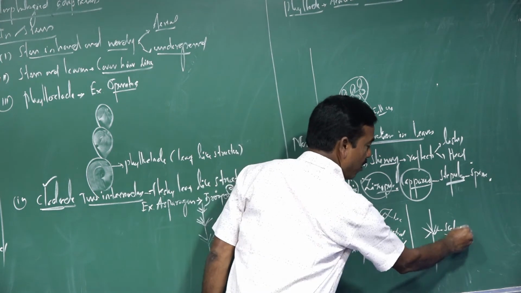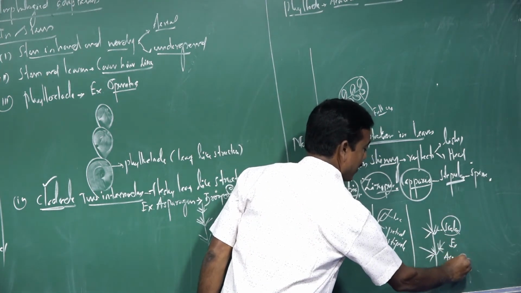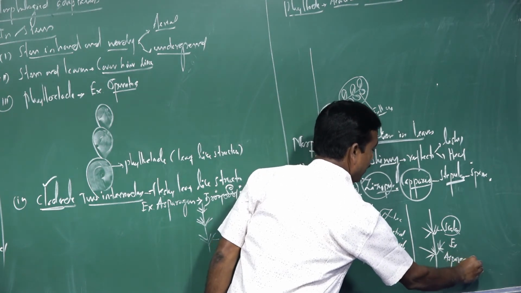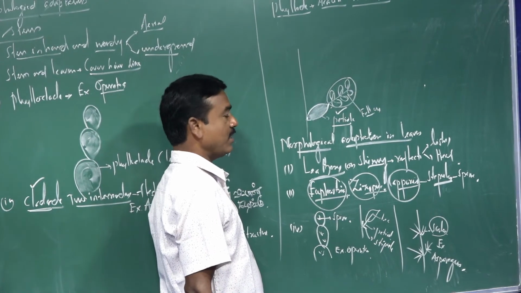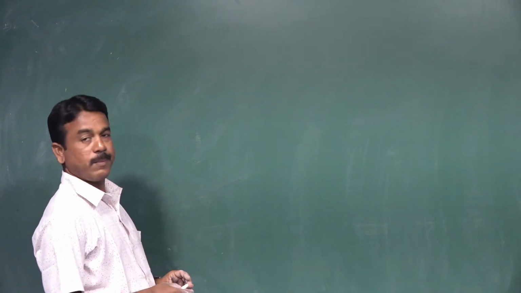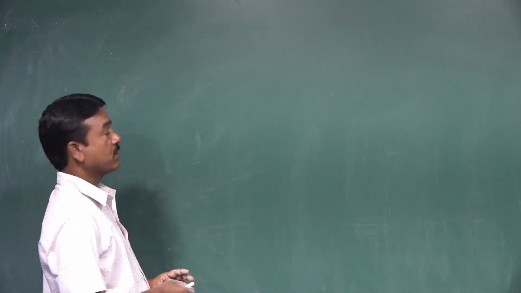Whole leaves are modified into scales. Example, asparagus. So those are the things. Morphological adaptation in leaves. Next I am going to discuss anatomical adaptation in xerophytes.